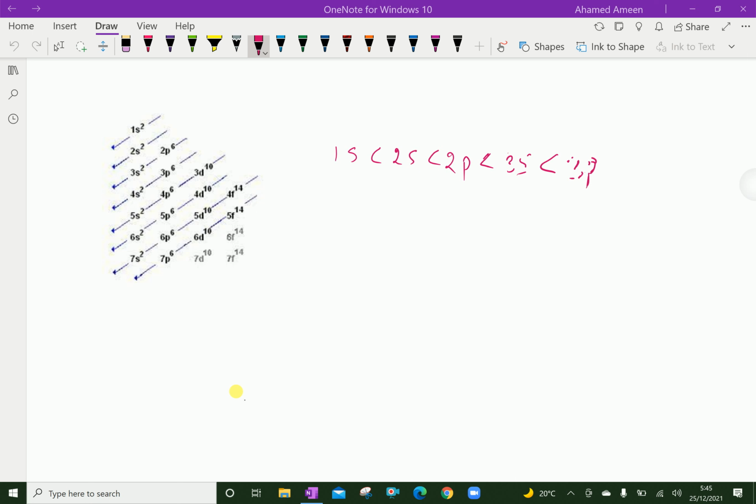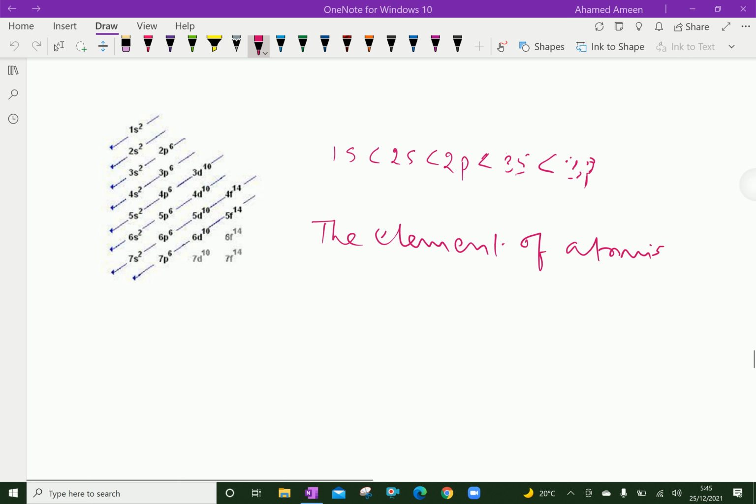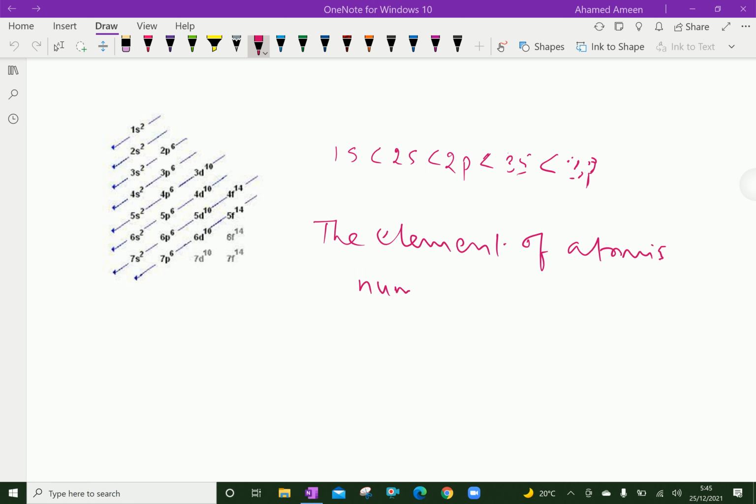For example, suppose we take the element of atomic number 20.